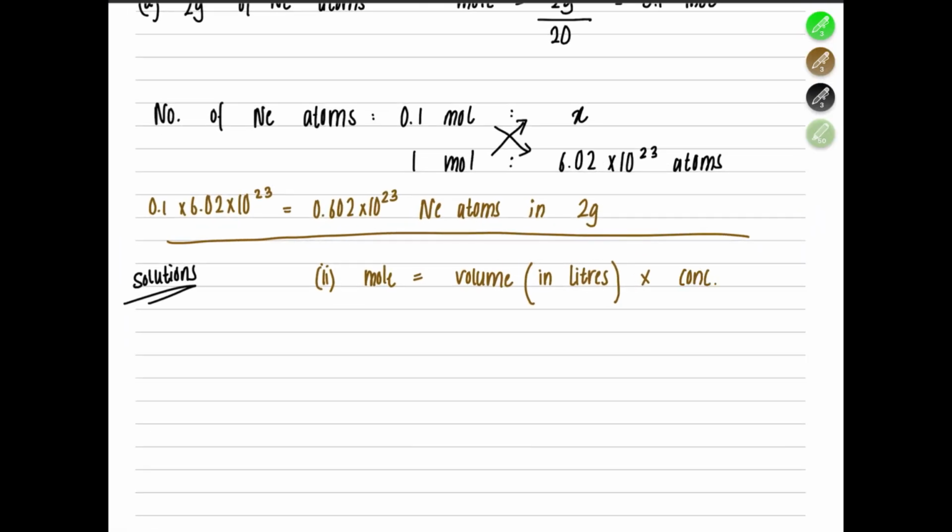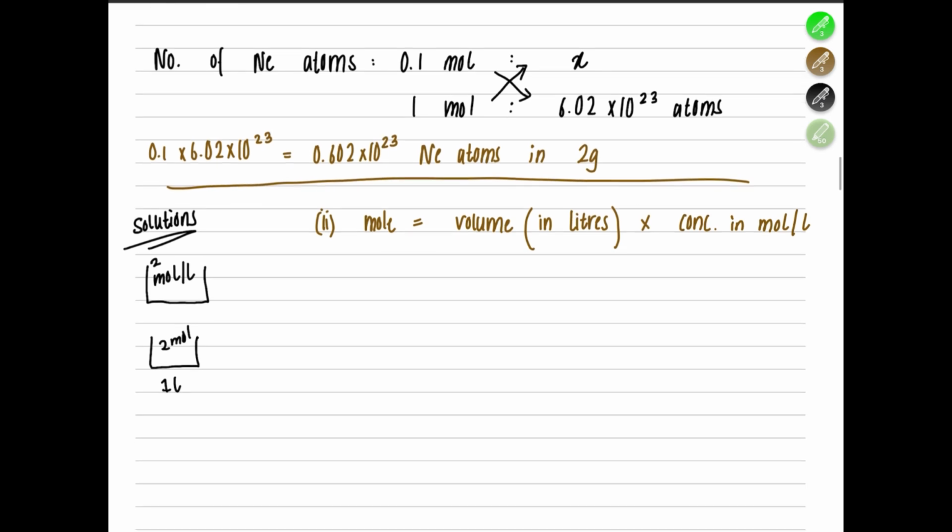Concentration is also going to be in moles per liter. Now, what is the meaning of concentration? For example, if we say 2 moles per liter, that means if we have 1 liter of solution, we'll have 2 moles of whatever the solution is. This is what concentration means.